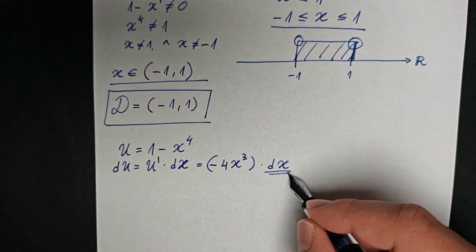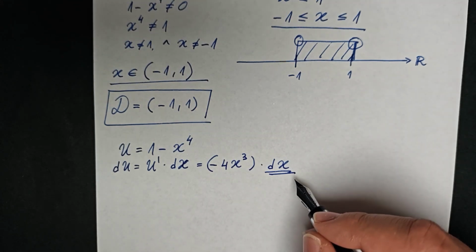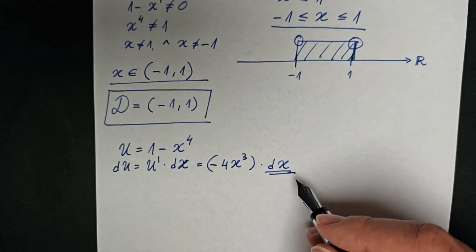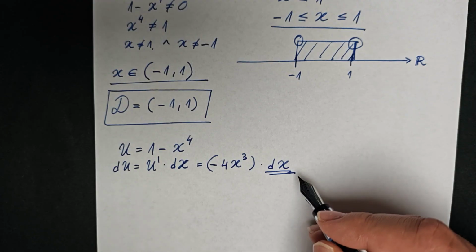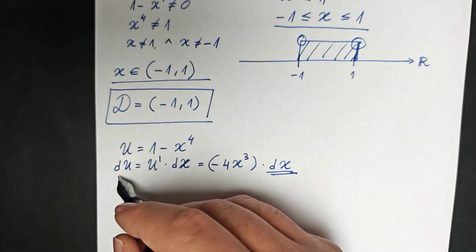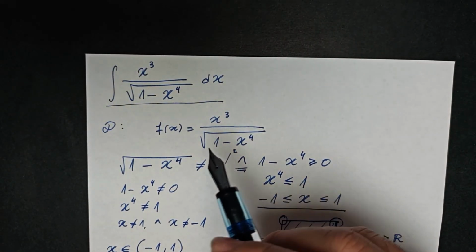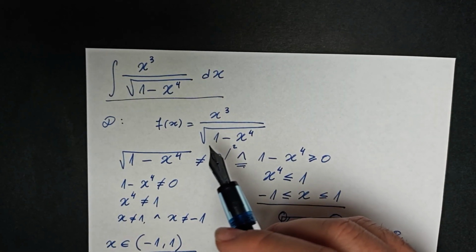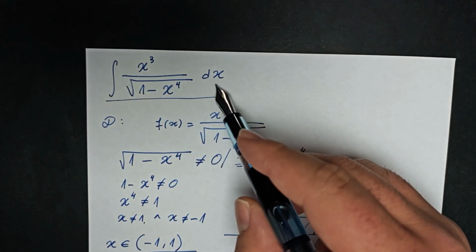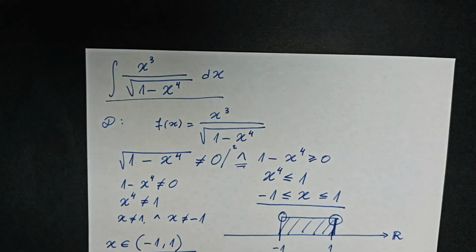Don't forget this dx. It stands here because you have taken the derivative with respect to the variable x. In the perfect case, this du would match exactly what you have left over in the integral. That would be x cubed dx.